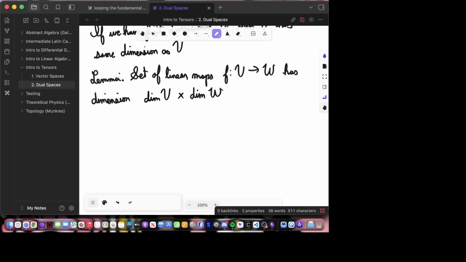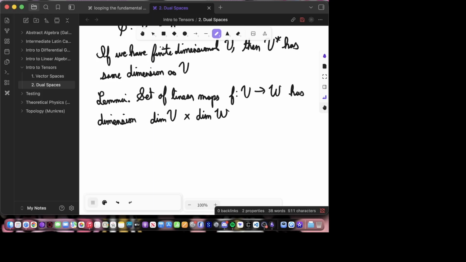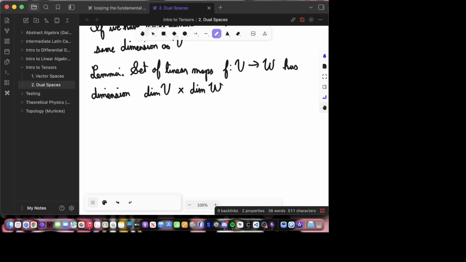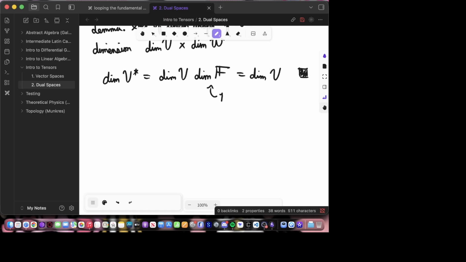Based on that lemma, it's clear that the dimension of the dual space is going to be equal to the dimension of the vector space times the dimension of the field. And this is going to be equal to 1. So that's basically it.